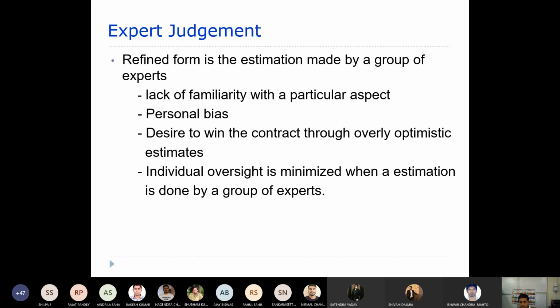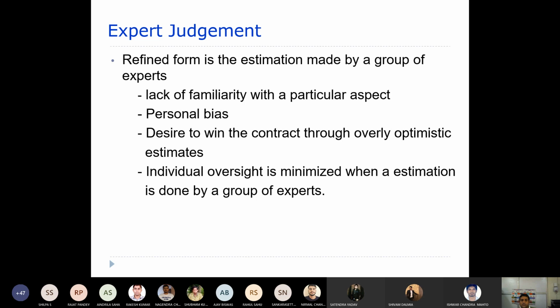A group of experts are involved. Let's say you overlooked one of the aspects, so the other one can pick out that particular issue, right? So this way it can minimize, but still there will be problems, because we are all human beings, right? So human error still continues with these estimates.